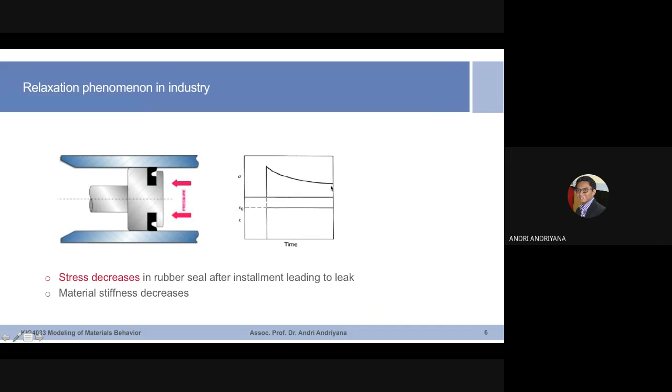And this is a phenomenon called relaxation. Stress will decrease in the rubber seal after installation, which later on may lead to leaks in the system. So over time, basically the material stiffness decreases.